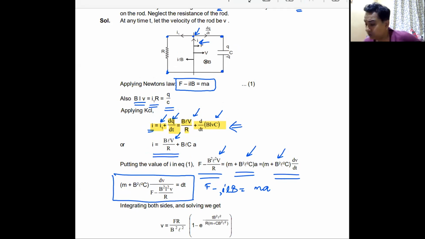Okay, so total current I is I1 plus dq by dt. I1 is BLV by R. dq by dt is d by dt of q, which is BLV into C. So it is d by dt of V, so it becomes A here.